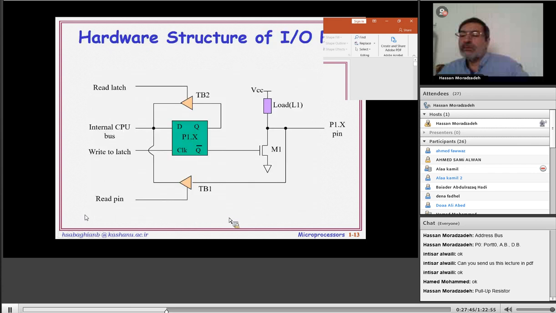Can you send us? Oh yes, the synthesizer. Yes, after the class. This item is for pull up, okay, pull up resistor. Go to the next slide.